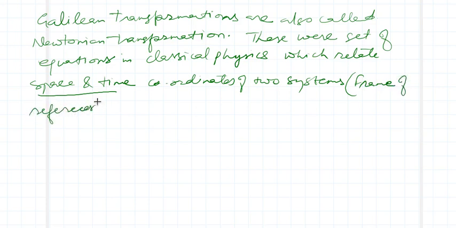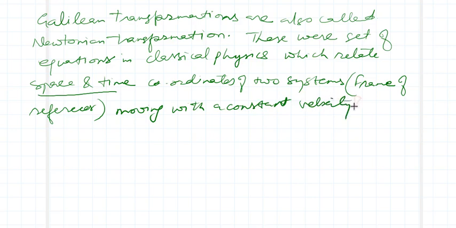That means we have two types of frames of reference, in which one is moving with a constant velocity relative to the other.